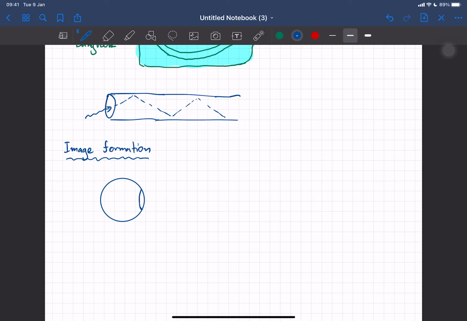This is what we call the iris of the eyes, where light enters, and we have kind of like a biological sensor, just like camera film or camera sensor, which is what we call the retina at the back of our eyes here.